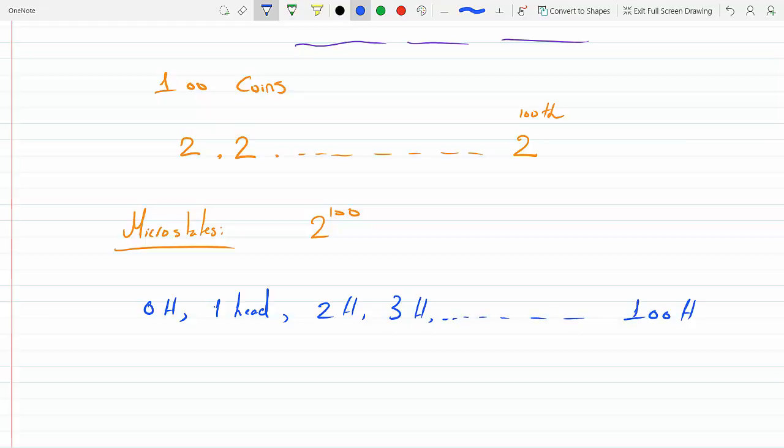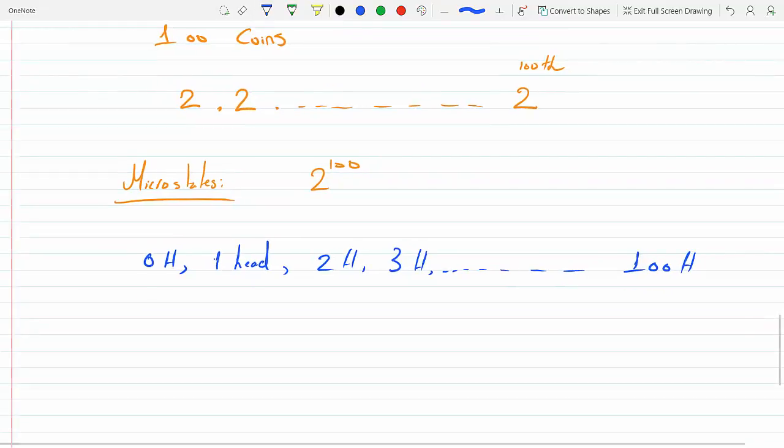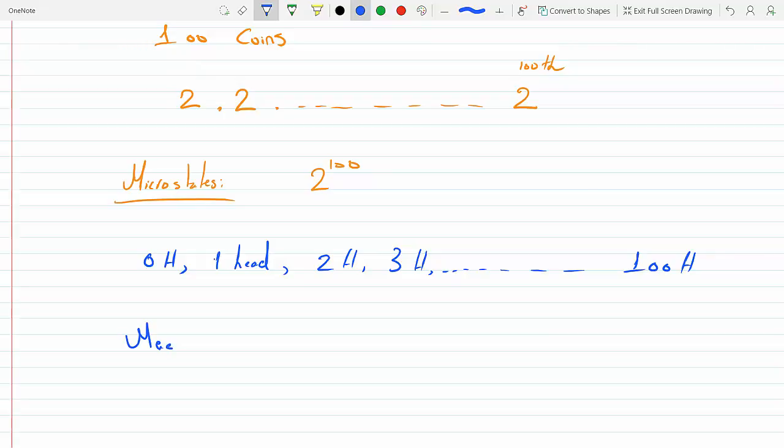And if you count these cases, including the 0 heads, where everything is tails, you have 101 macrostates. So the number of macrostates for this example is 101.